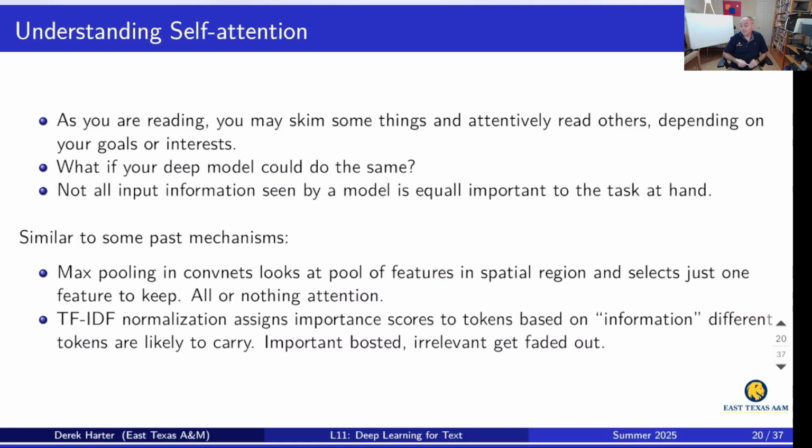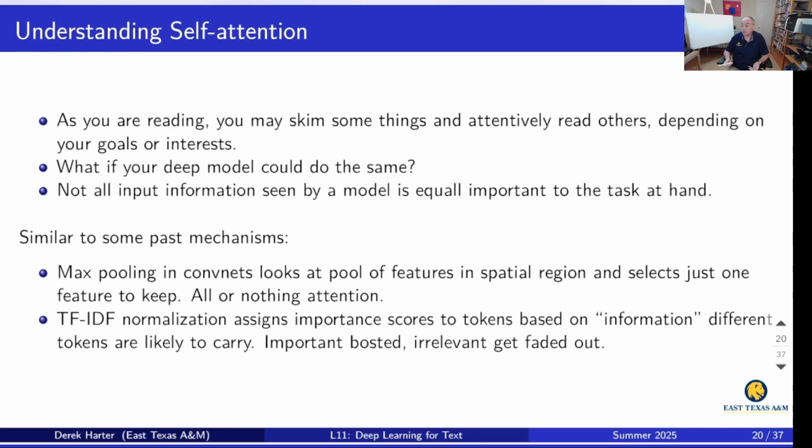Okay, so what if a deep model could do the same, or any kind of model that you want to have artificial intelligence? Not all input information seen by a model is equally important to the task at hand, and we can build in a kind of attention using this neural attention mechanism that was introduced in the paper I mentioned. You can make an argument that some of the mechanisms we looked at previously are kinds of attention mechanisms.